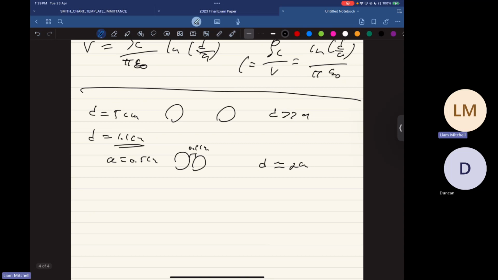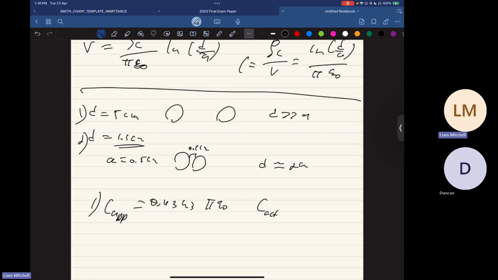So for the first case, I have the values here. Actually, I'm just going to omit pi epsilon naught, just give you the values in terms of pi epsilon naught, because you don't actually need to do the calculation to find the percentage error. So for the first case, your C approximate is going to be 0.4343 pi epsilon naught, and the C actual is 0.4362 pi epsilon naught.